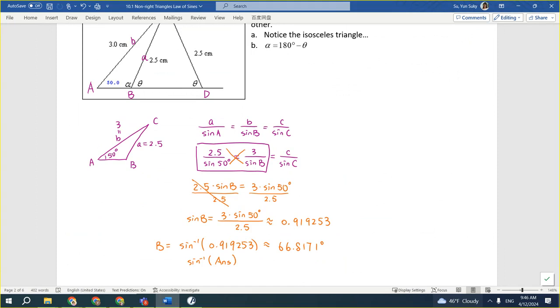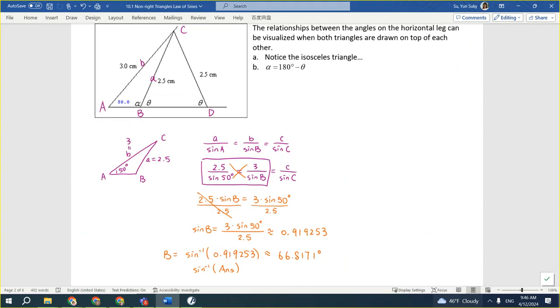Now we know angle A and we know angle B. Can we find angle C? C is 180 degrees minus A and B. So minus 50 and minus 66.8171 degrees.